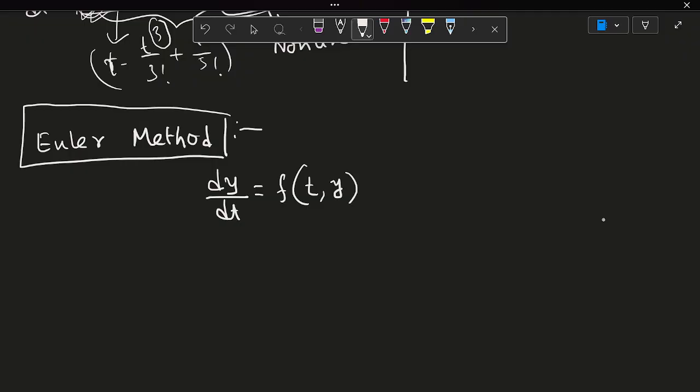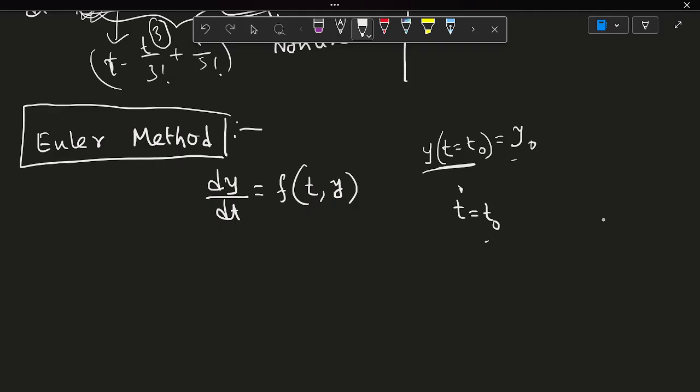For example, you will have t equal to t0, which is your initial condition, and at that point you will have a specific value of y, y at t equal to t0. So this is your initial condition, and this is your initial point which will be given to you.